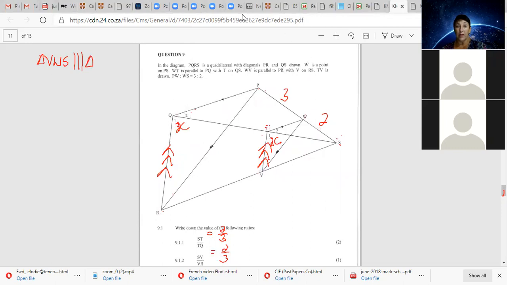And then, of course, remember, you can write out the proportion. So VW over RP equals WS over PS equals VS over RS.